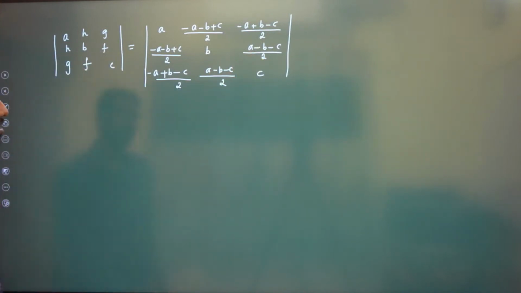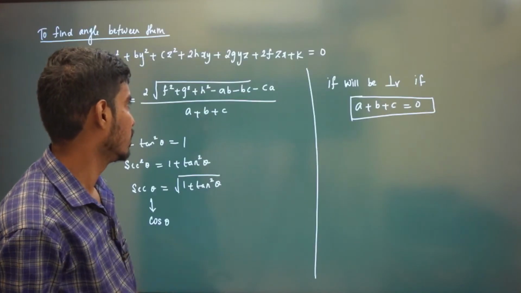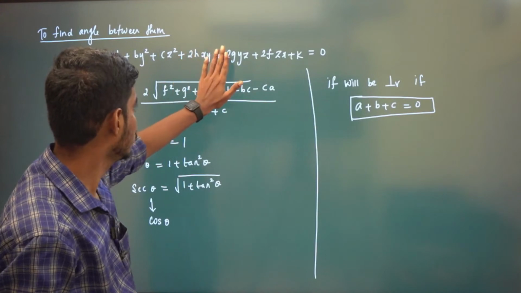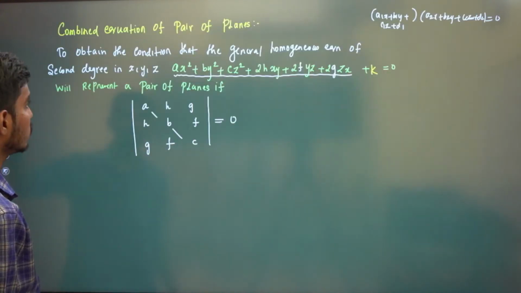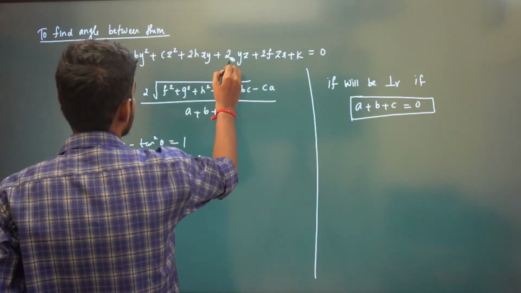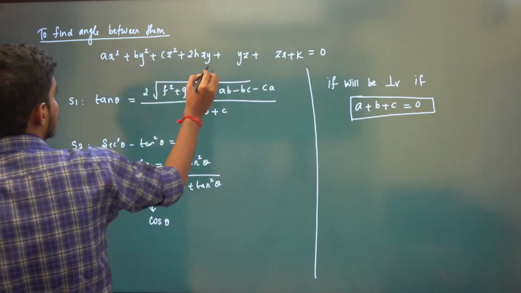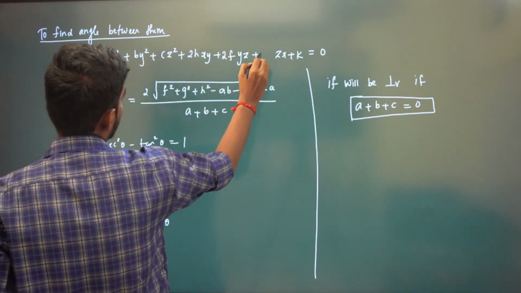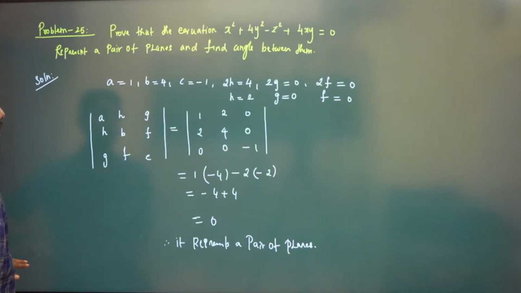Right? Now you need to expand this and show it is equal to 0. So don't confuse yourself, very easy. Just made one mistake. Here also you can change this. So 2hxy, 2fyz, 2gzx, right? Sorry. Okay.